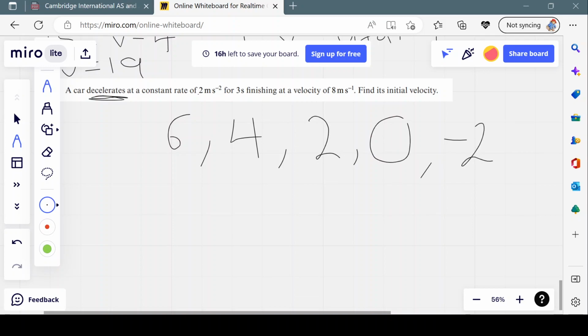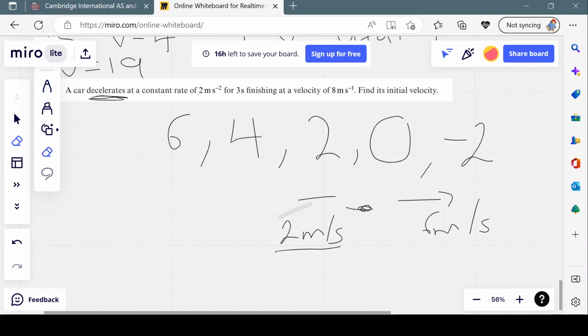What would this actually mean? We've talked about this. 0 means you're at rest, and a speed of 6 means you're moving at 6 meters per second in that direction. A speed of -2 doesn't mean that you're not moving, it means you're moving at 2 meters per second, but in the opposite direction.